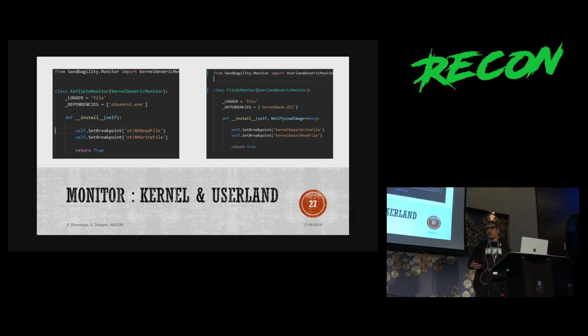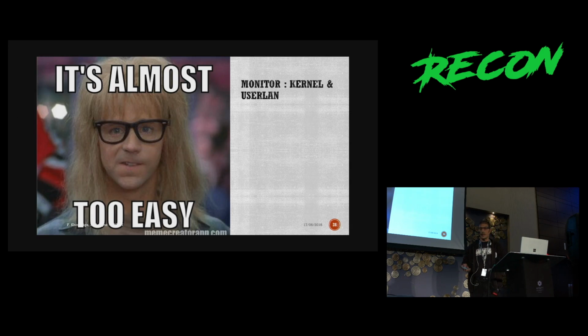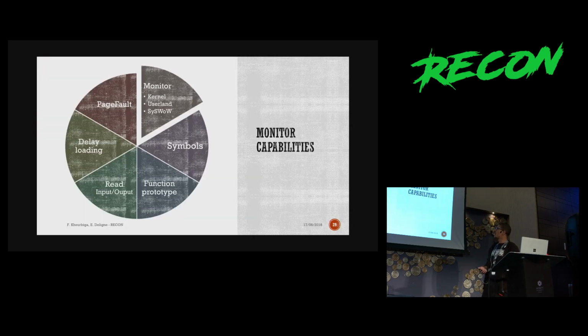You just have to declare which kind of monitor you want to use, kernel or userland, declare your dependencies and set a breakpoint. And the monitor will do some magic to start from the symbols, get back the prototype, and read the parameters. And okay, it's quite too easy.